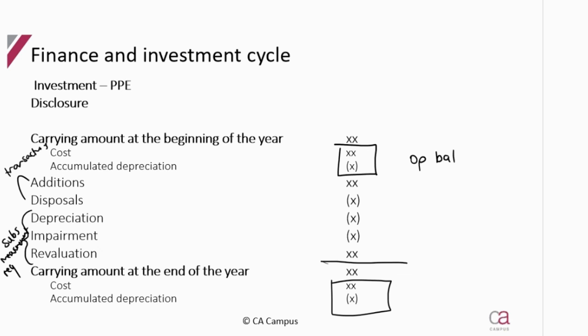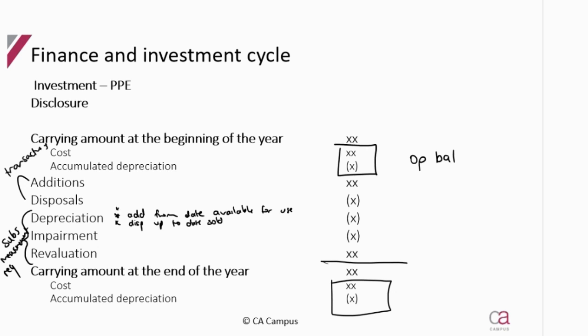Because remember, your additions will be depreciated from the date that they were available for use, and your disposals up to the date that they were sold will be depreciated.